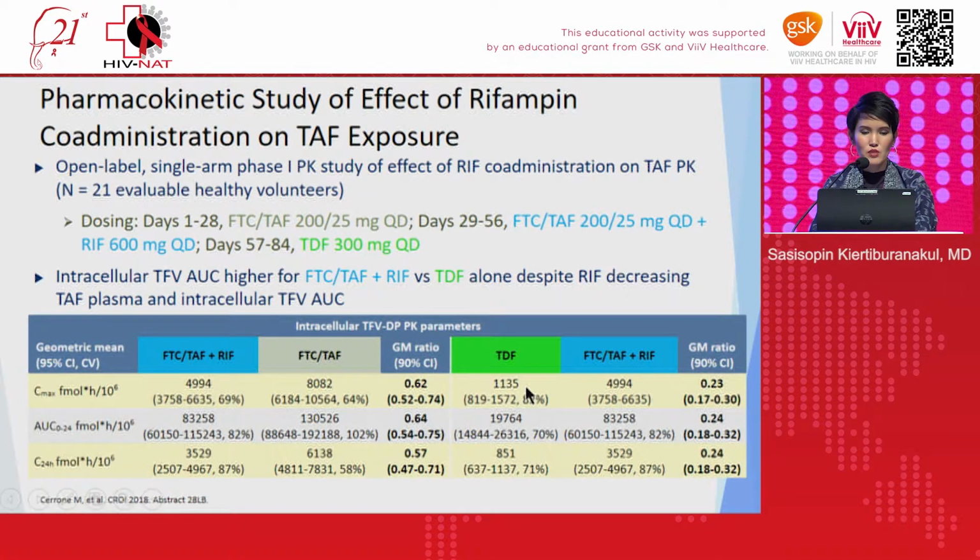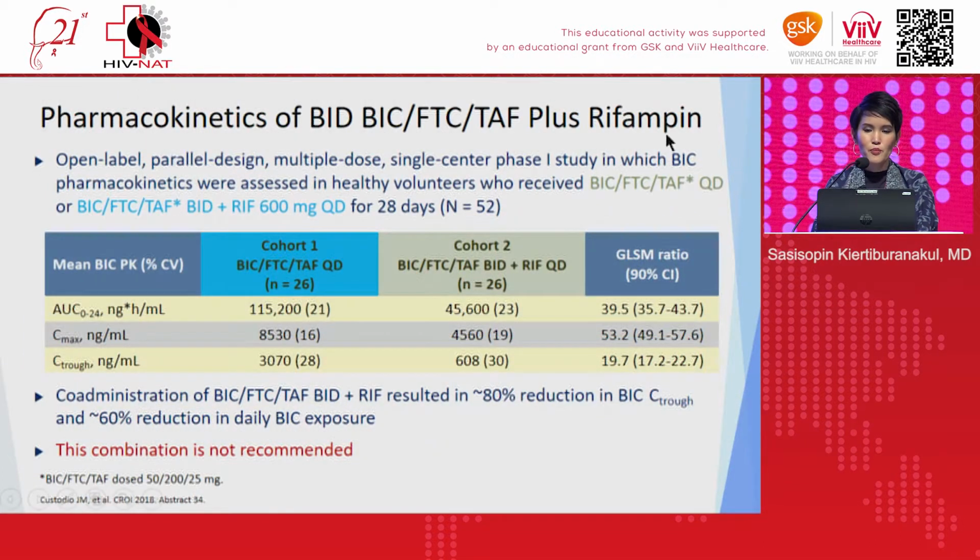So right now we need more data on whether TAF can be used with rifampicin or not. If it can be used, which dose should it be, the normal dose or double dose for TAF. So we need more data of TAF using with rifampicin. For bictegravir double dose, as you have heard this morning, this combination is not recommended, so we cannot use bictegravir with rifampicin.